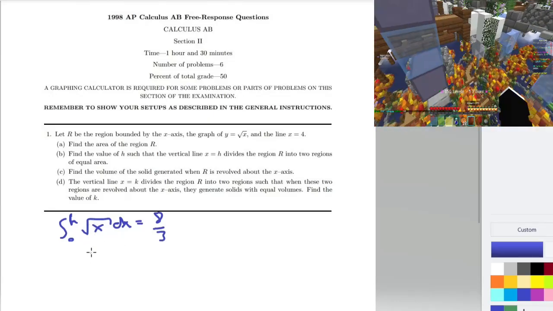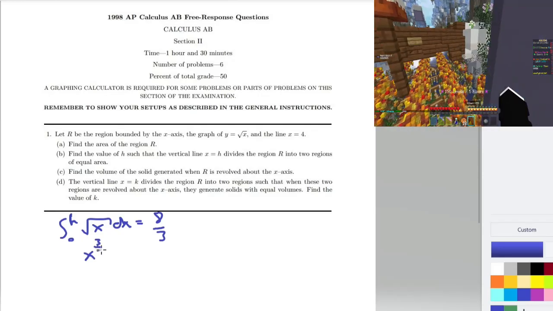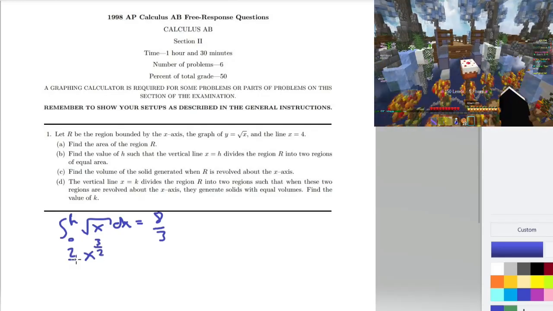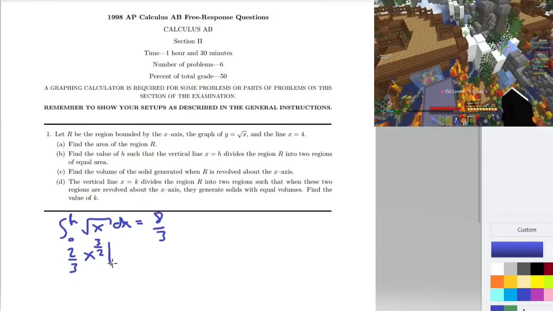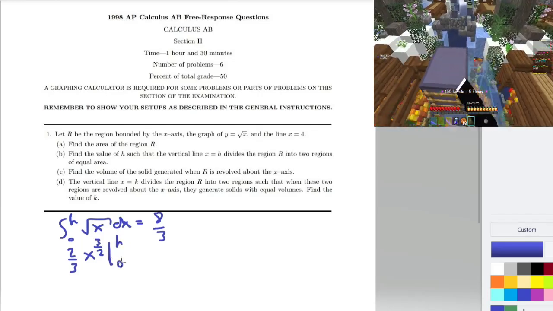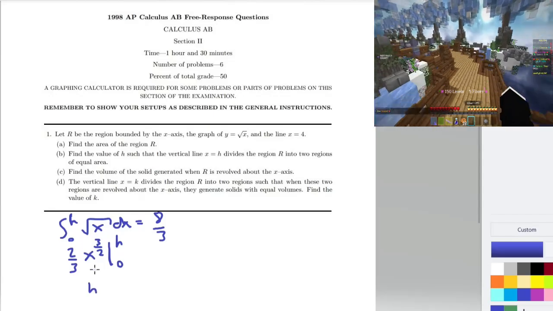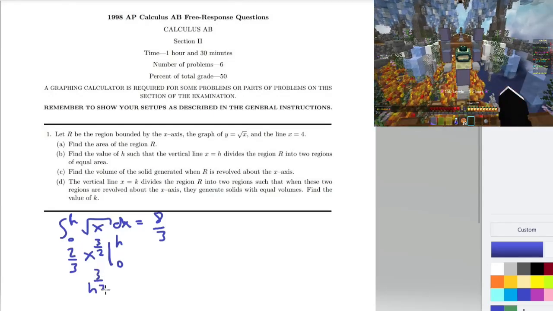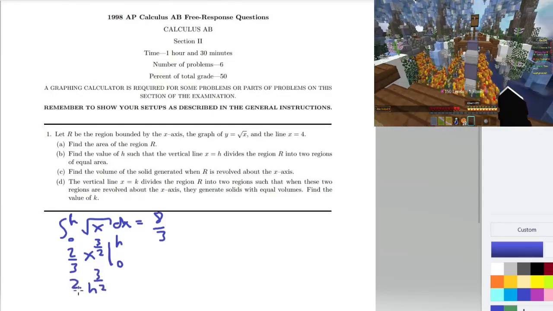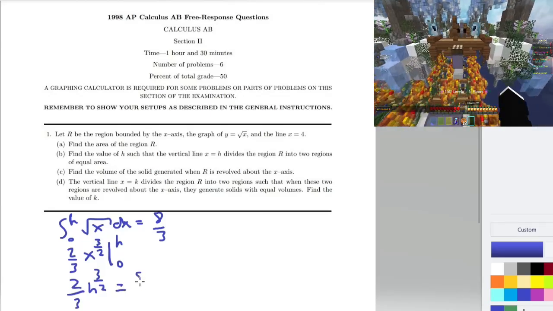Again, we already have this integral. We've done this in the last part, so we have 3/2 and 2/3 here. Again, we're evaluating from 0 to h, and look, 0 does nothing, so h comes in. So we have h to the power of 3/2 times 2/3, and now it's going to be equal to 8/3.